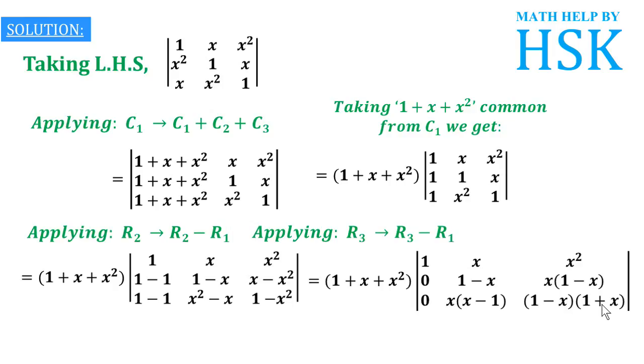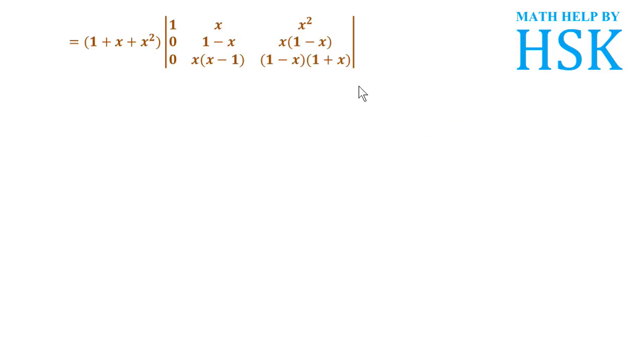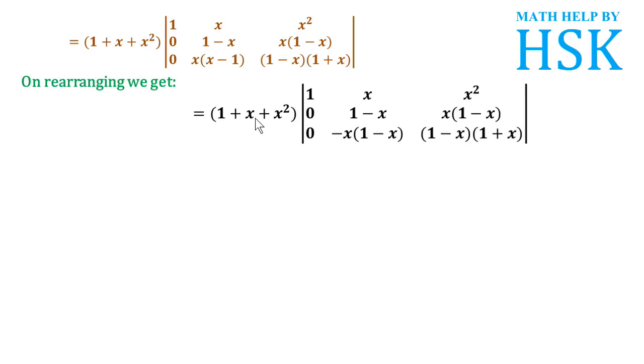That is on factorizing. Now, taking the determinant and rearranging the terms, I'm going to get the determinant as 1 plus x plus x square times 1, 0, 0, x, 1 minus x, x into 1 minus x, x square, x, 1 minus x into 1 plus x. Now you can see I can take 1 minus x common from the second row and 1 minus x common from the third row.